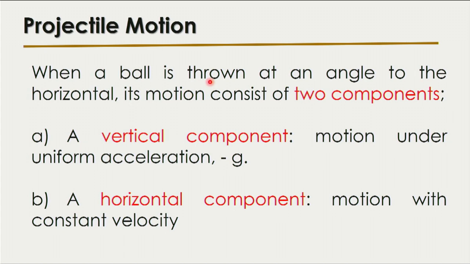When a ball is thrown at an angle to the horizontal, its motion consists of two components. A, a vertical component, which is motion under uniform acceleration of negative g. And B, a horizontal component, which is motion with constant velocity.